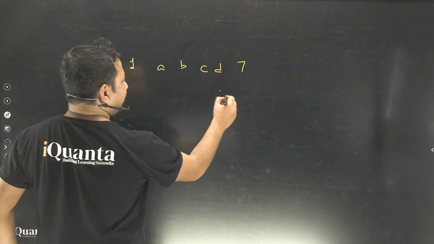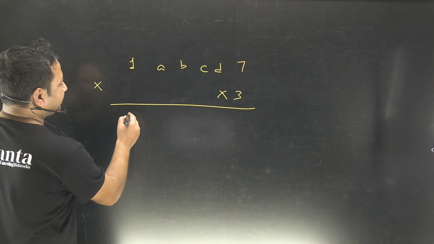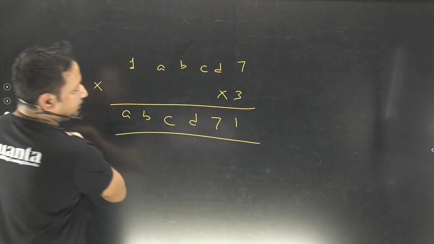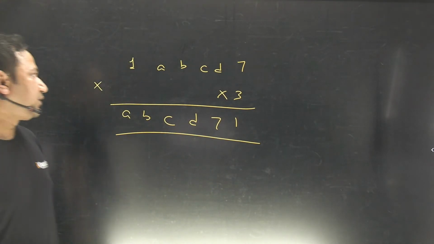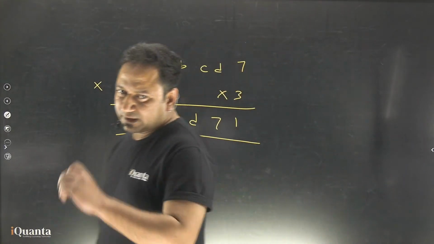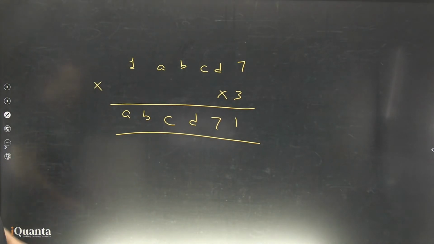When this is multiplied by 3, all the numbers shift one place towards the left. It becomes A, B, C, D, 7 and 1. Now try to solve. Tell me, what will be the answer? Come on, let's do this. After solving this problem, you'll be able to understand what is actually happening.